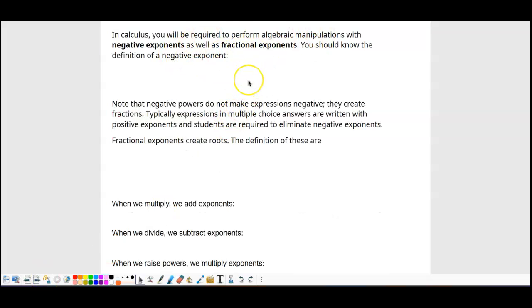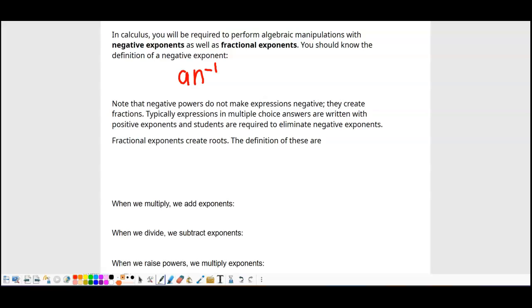So in calculus, you'll find that you need to perform algebraic manipulations with negative exponents as well as fractional exponents. So it's important to know and understand the definition of a negative exponent and the definition of a fractional exponent. So a negative exponent is simply anything that is raised to the negative power. The a acts as the constant, the n is our variable.